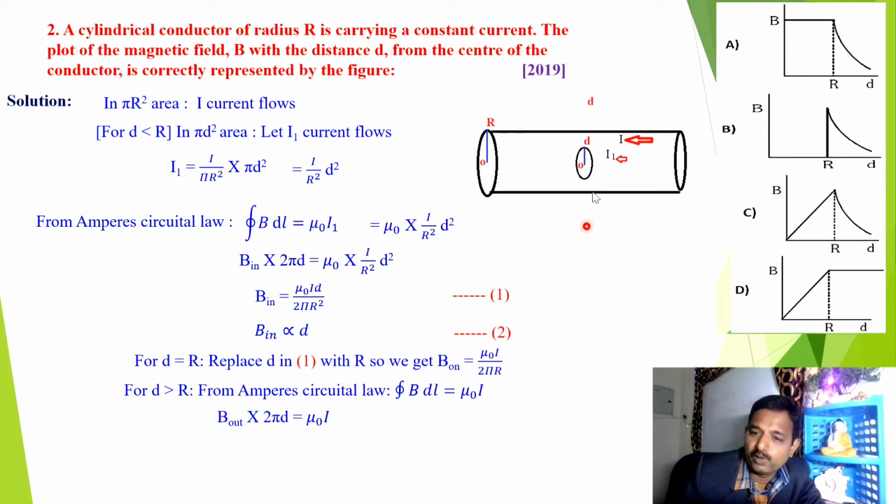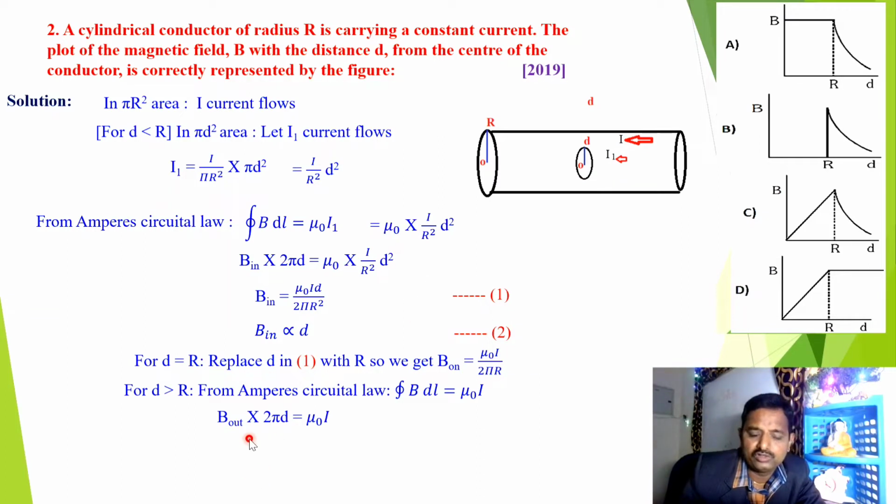When the point is outside, the distance of point D from the center is D. If we consider one circular loop here and apply Ampere's circuital law, the integral of dl means L, the circumference of that circle, which is 2 pi d.